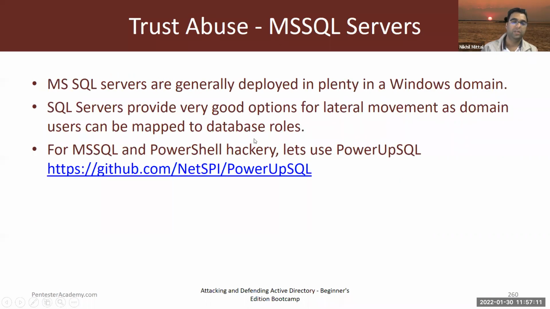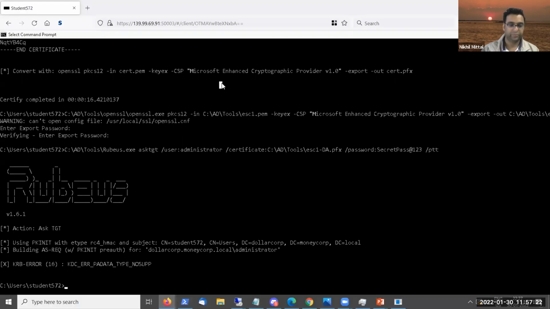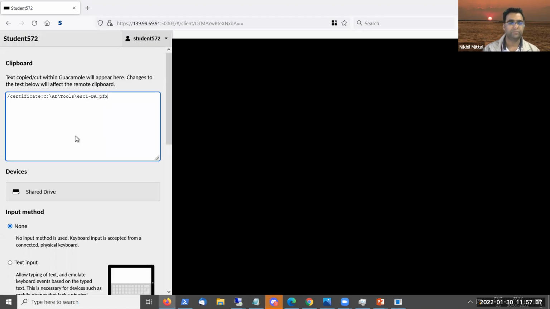All right. So how can you find out SQL servers in a domain? Let me import the module from an InvisiShell session.